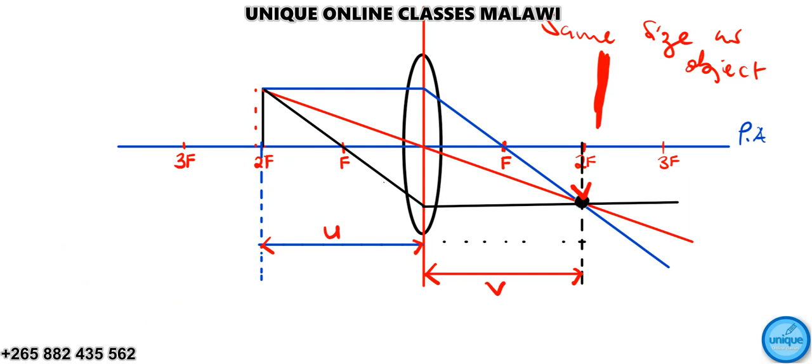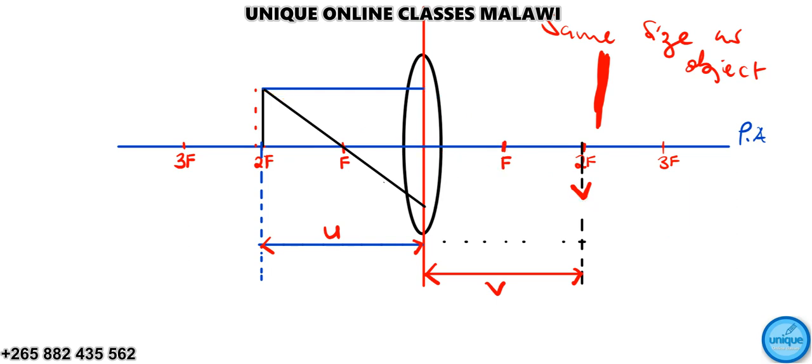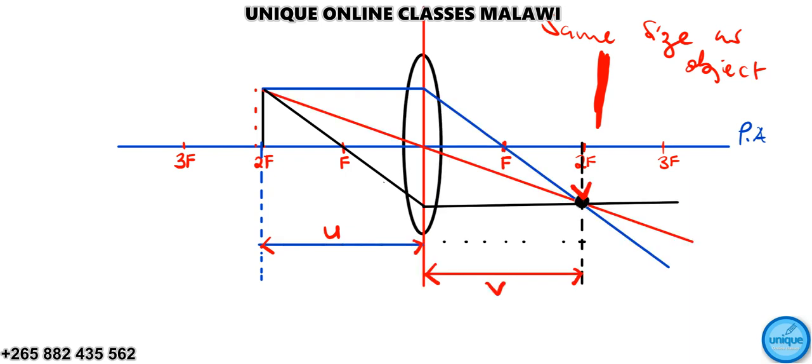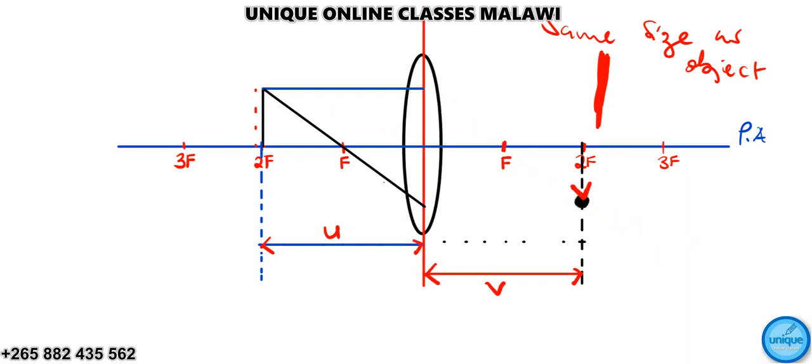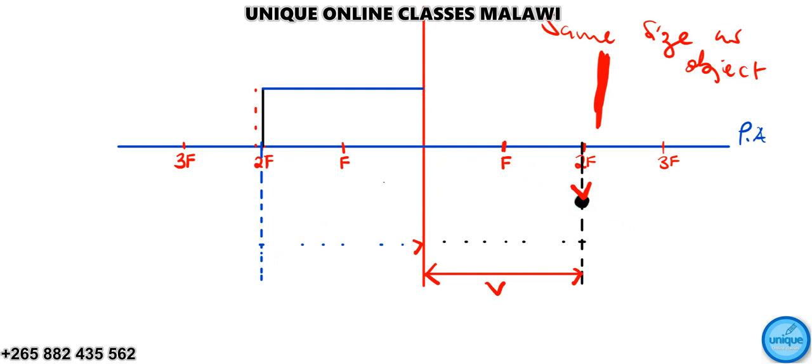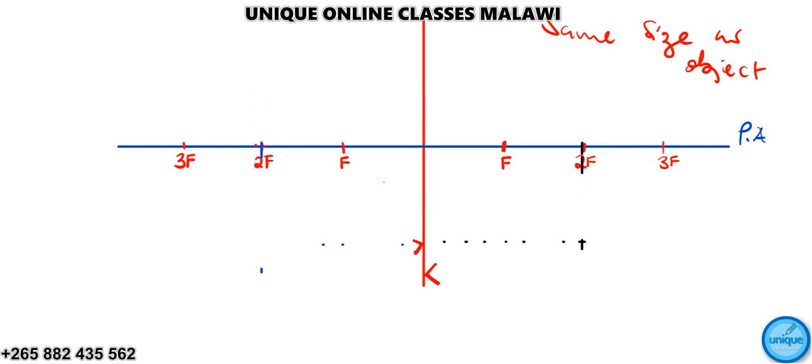What about if we place an object between 3f and 2f? Or let's place our object between 2f and f. What will happen? Let's see. I think I should place it around there.